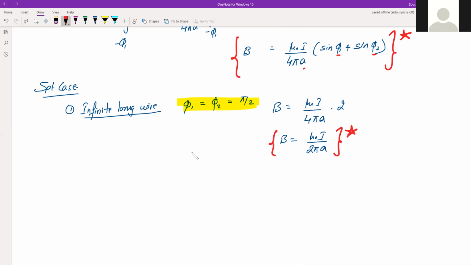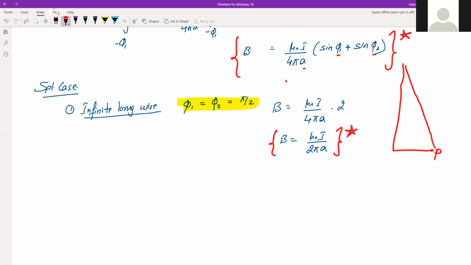And there will be other cases as well, that is, one angle is 90 degrees and one angle is 0 degrees. That is when one angle will be 90 and the other will be 0, when this point of observation is here, right? And this wire is infinitely long, so one angle, that is phi1, will be 0 and the other angle will be 90 degrees.